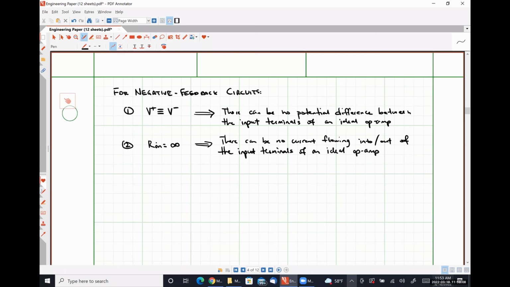All those amplifiers that we didn't really need to know the names of and understand because we could just apply our simple op amp rules in circuits 1, we are going to use as building blocks in our design projects. So we kind of need to know what they are and understand how they work.